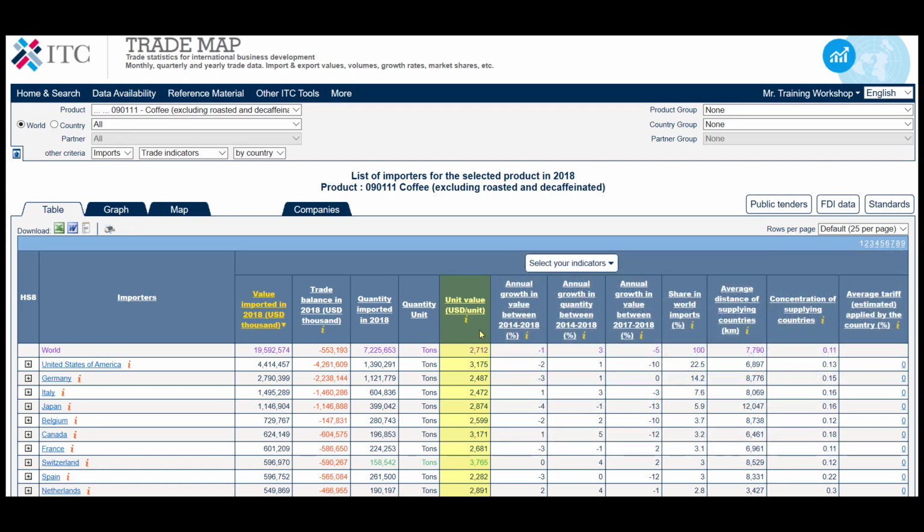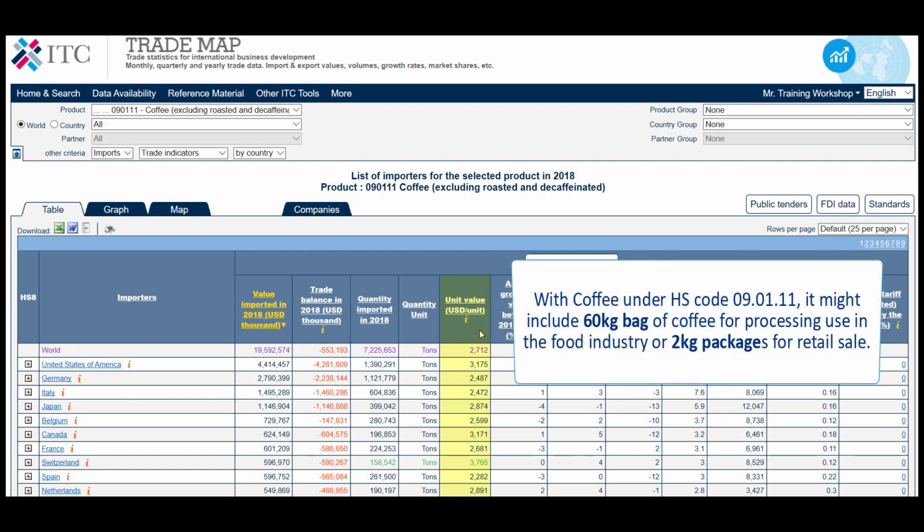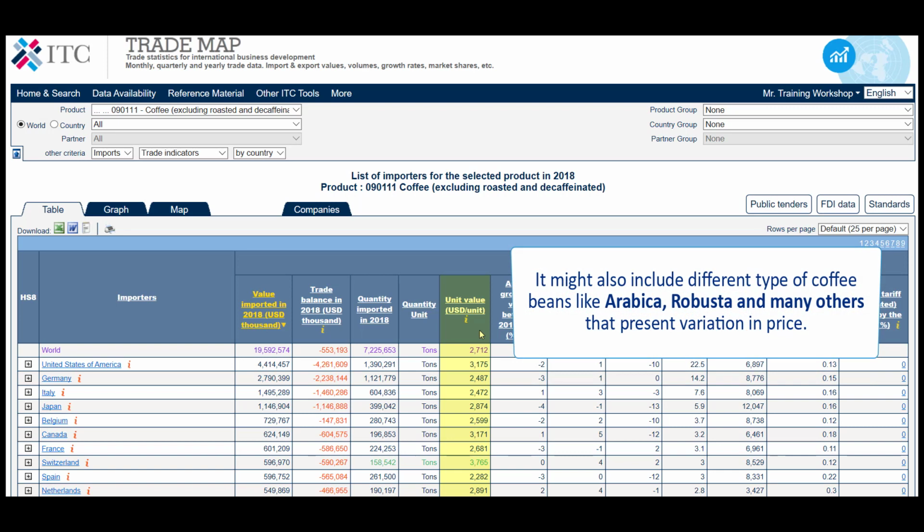For example, in the case of coffee under HS code 090111, it might include 60 kg bag of coffee for processing use in the food industry, or 2 kg packages for retail sale. It might also include different type of coffee beans like Arabica, Robusta, and many others that present variation in price.